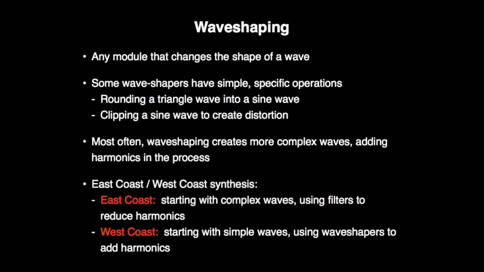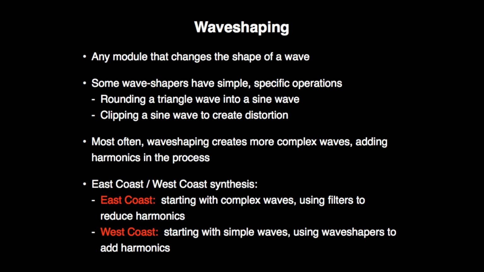And this brings us back to that distinction that I talked about the first day we were talking about modular synthesis between East Coast synthesis and West Coast synthesis. East Coast synthesis, which we've been spending most of the semester with, emphasizes subtractive synthesis, where we start with really complex waves like sawtooth waves, white noise, square waves, and then we use filters to reduce the amount of harmonics that are present.